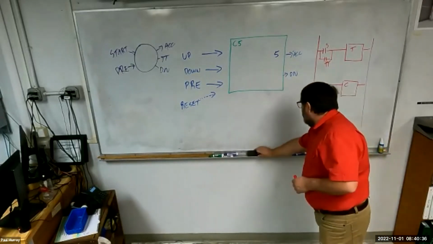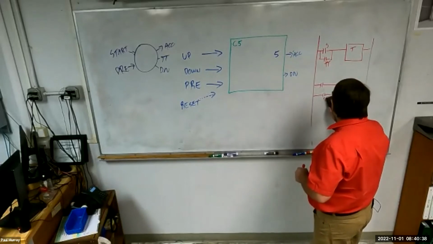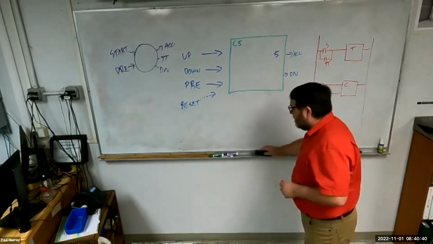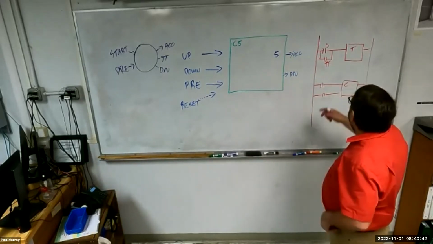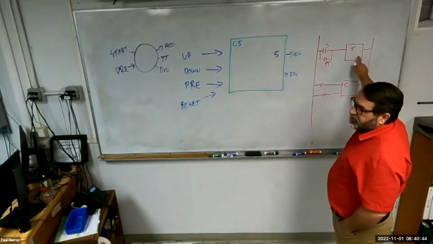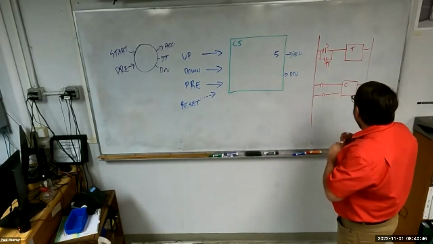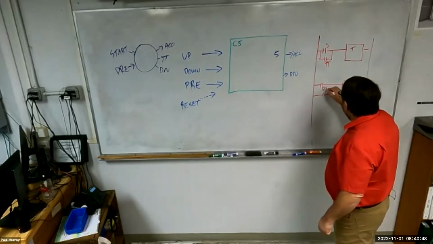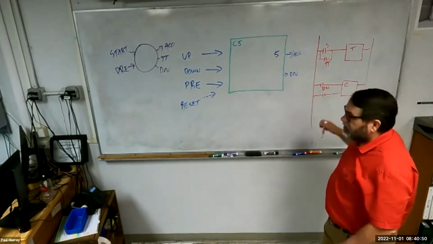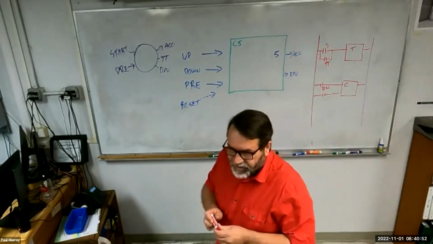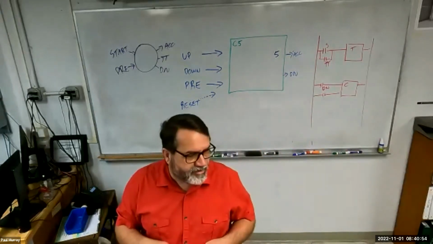One thing that's very common is we use timers and counters together. So here's my timer, and my timer has a done bit. I can use my done bit as a count up on my counter, and I can count how many times the timer has run.